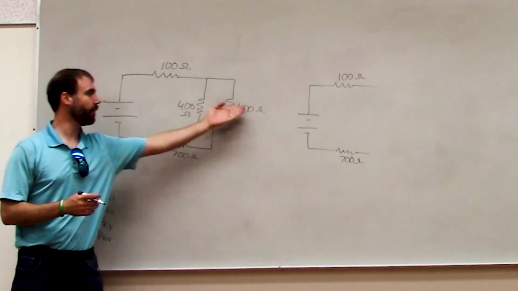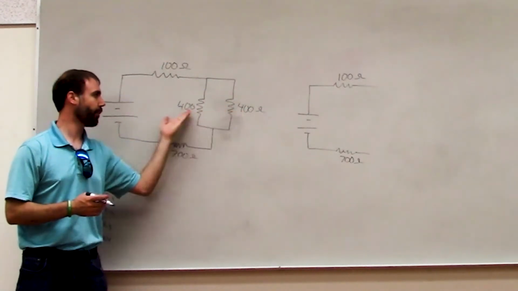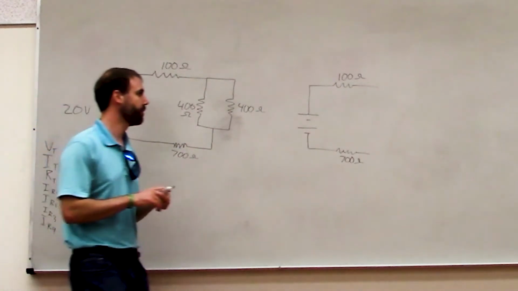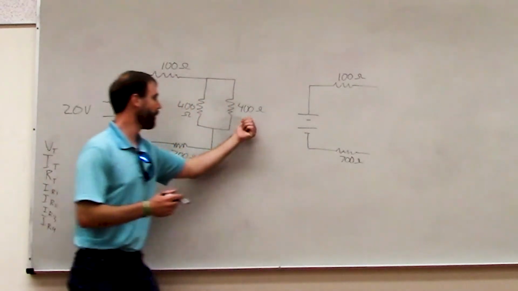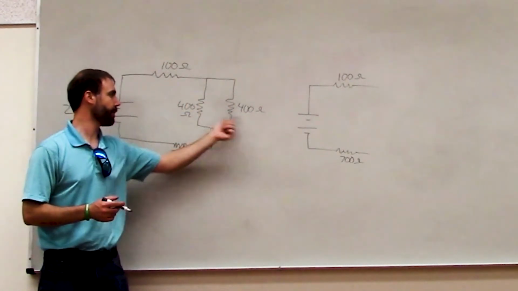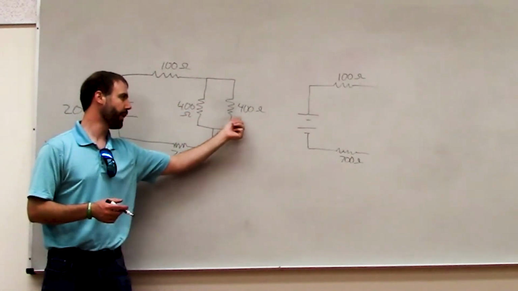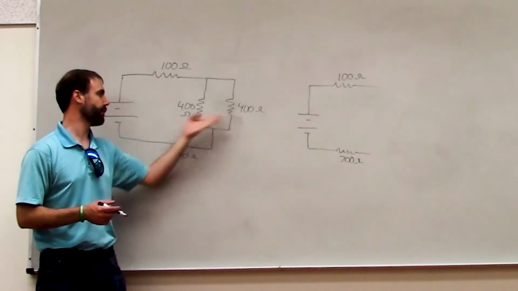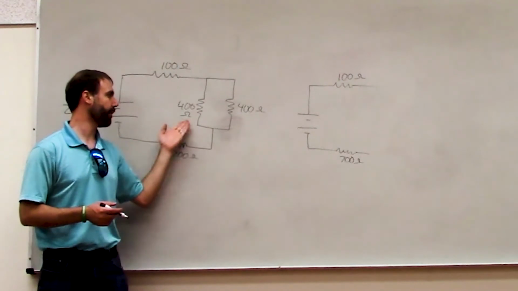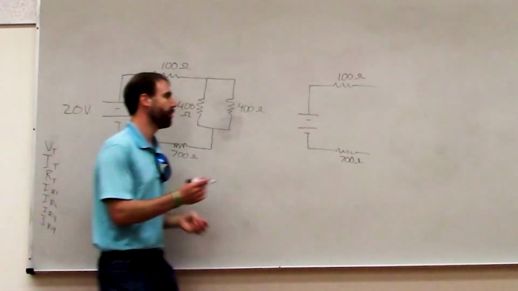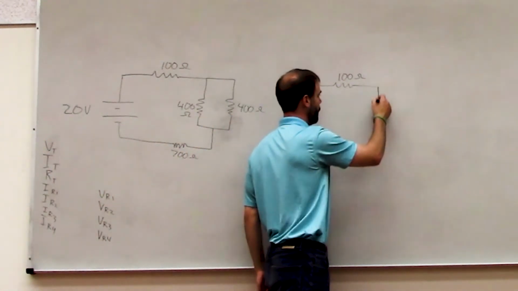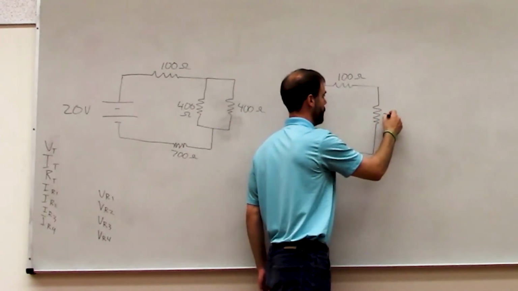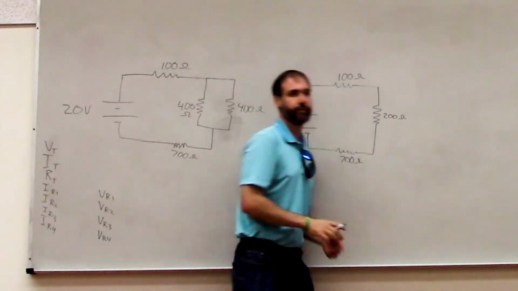So what would be the equivalent resistor for two 400 in parallel? Yeah, 200 ohms. Remember, when we have two of the same resistance in parallel, we can use that simpler formula, right? The equivalent resistance is just half of either one of the existing resistors. So this has an equivalent resistance of 200 ohms. Okay?